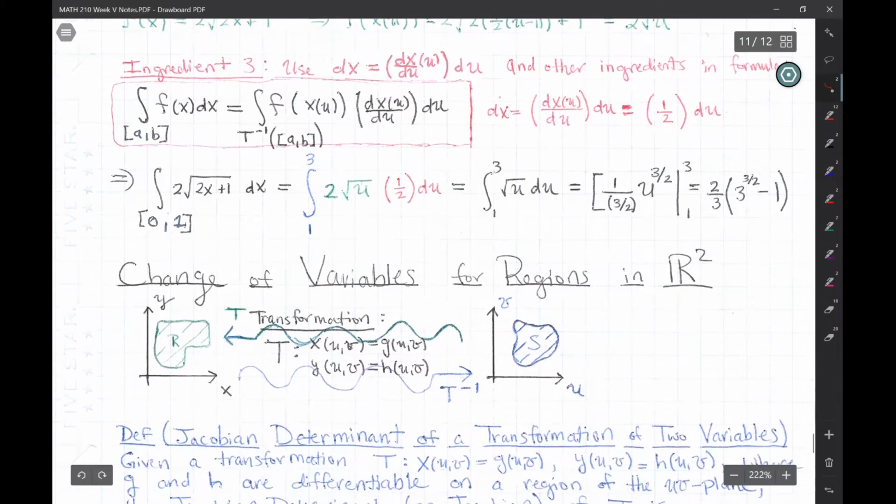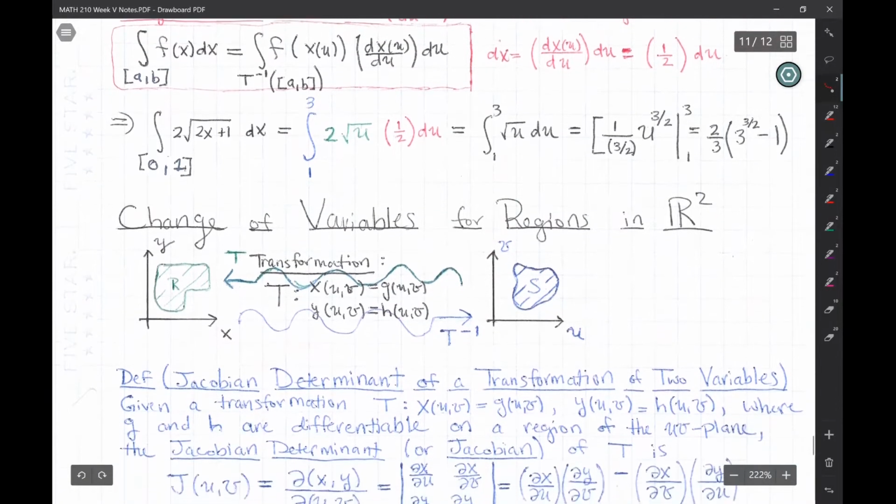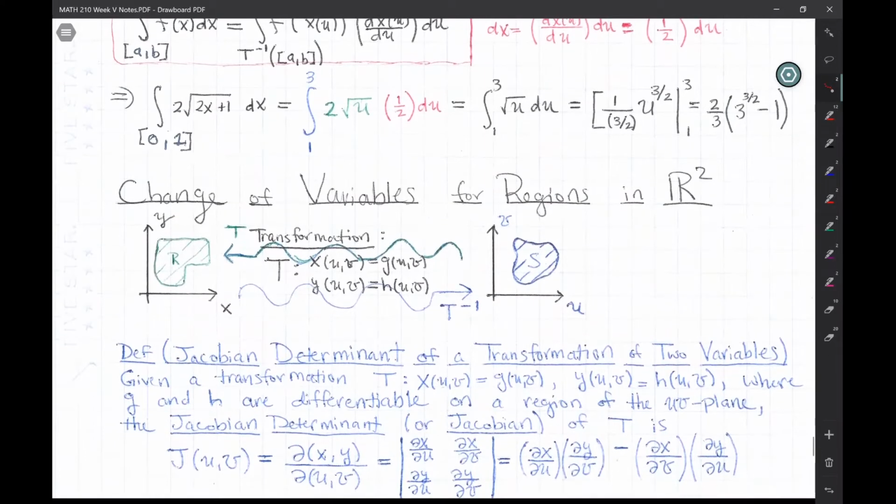We're also going to need a definition here. We discussed transformations. Now let's discuss the Jacobian. Sometimes it's written in terms of this notation. It's the determinant of the matrix that you have inside here.